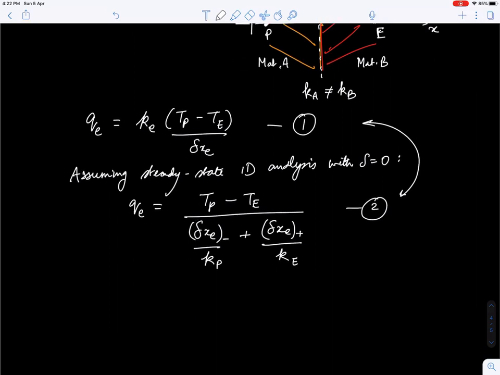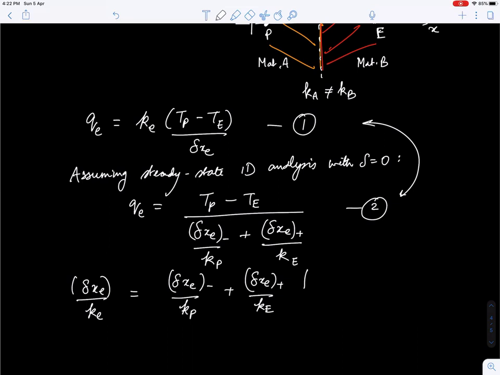So now if you compare these two equations, what we get is delta Xe by Ke should be the same as delta Xe minus by Kp plus delta Xe plus by Ke.